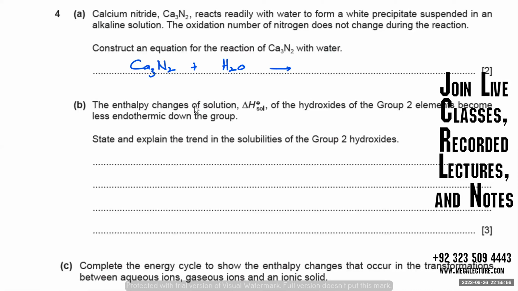Any ideas? Is it going to be calcium hydroxide? Yes, the white precipitate is probably calcium hydroxide, and what else? Just make a guess. What kind of compound is N going to form? Is it a nitrogen oxide?